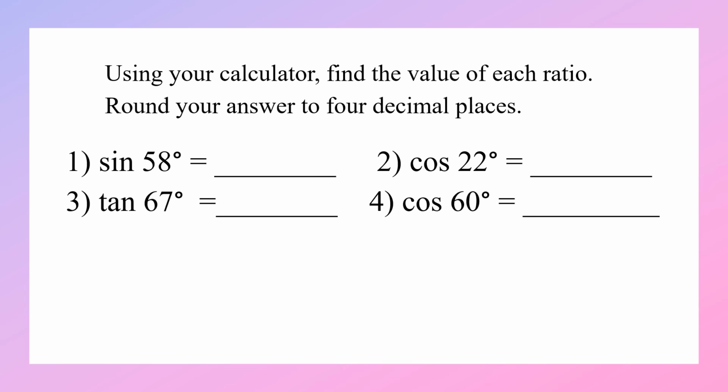So all you do is hit the sine button and then you type in 58 and then you hit enter. So if I round to 4 decimal places, it would be 0.9929. And remember, you're going to figure out what this number is here, and you're either going to round this number up or you're going to leave it stay the same.